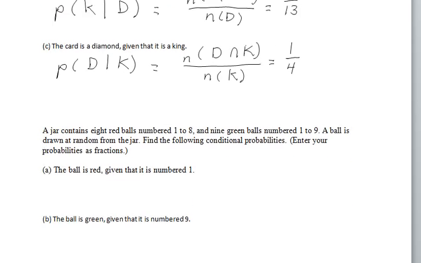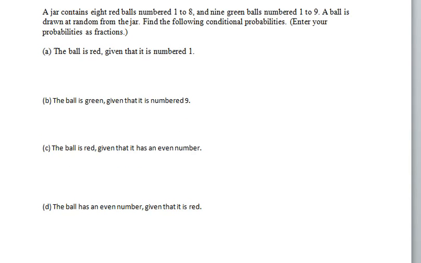So let's go to the second problem. Here we have a jar containing balls that are colored and numbered. We have 8 red balls, numbered 1 to 8, and 9 green balls, numbered 1 through 9.